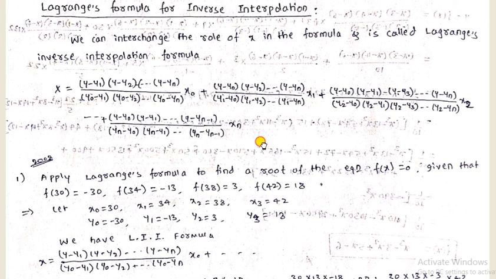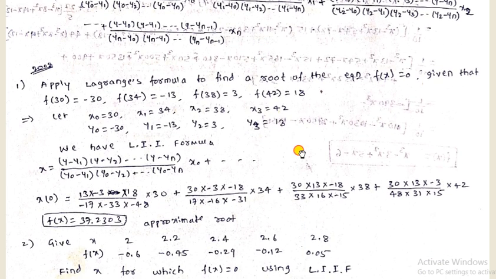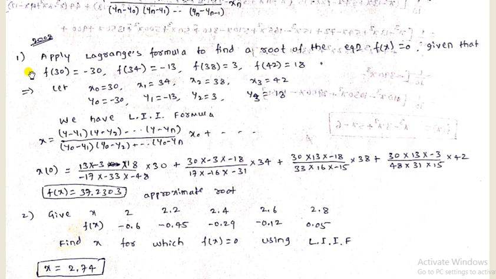Now the examples on Lagrange's inverse interpolation formula. First example: apply Lagrange's formula to find a root of the equation f of x equal to 0, given that f of 30 equals minus 30. It means that the x0 value is 30, y0 is minus 30. F of 34 equals minus 13 means x1 is 34, y1 is minus 13, and so on.